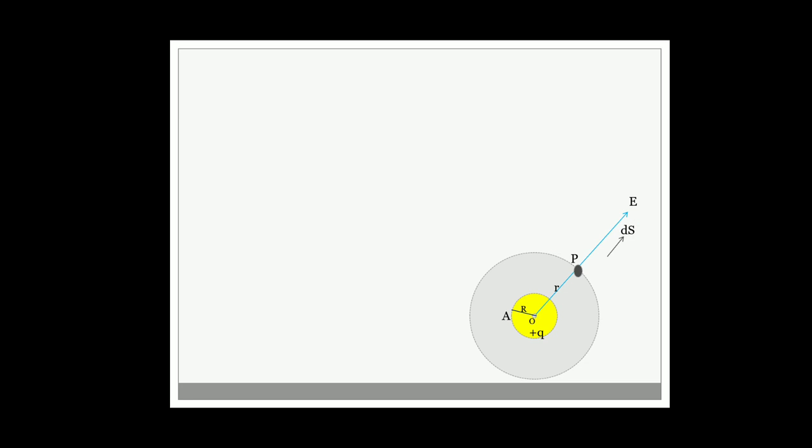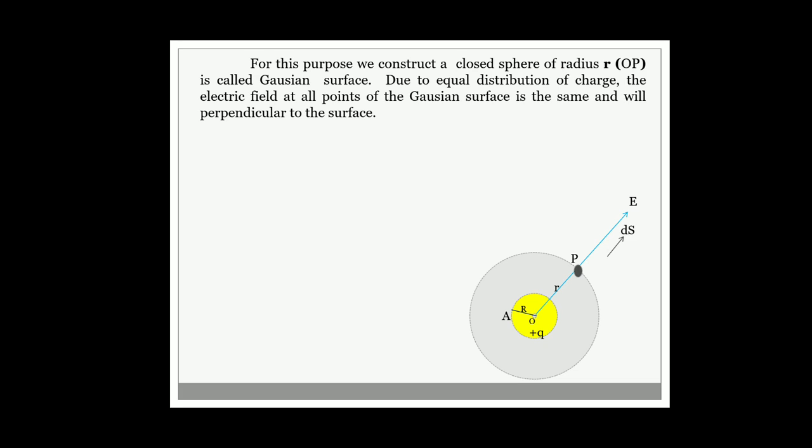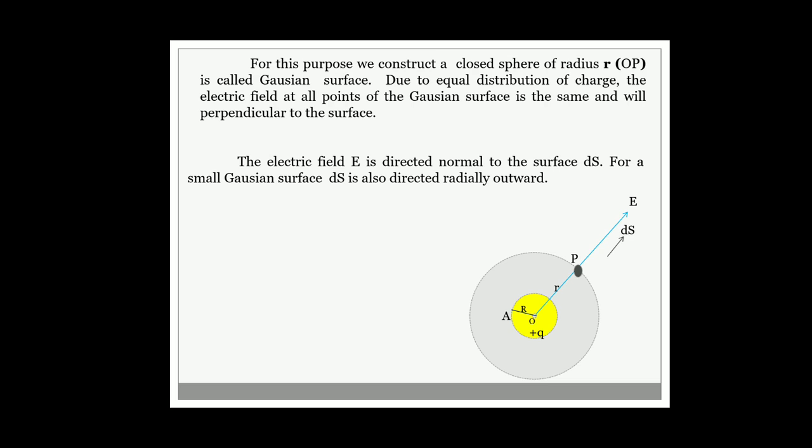Now, the intensity of electric field is directed normal to the surface area ds, where ds is the small area which is drawn on the surface of the Gaussian surface.